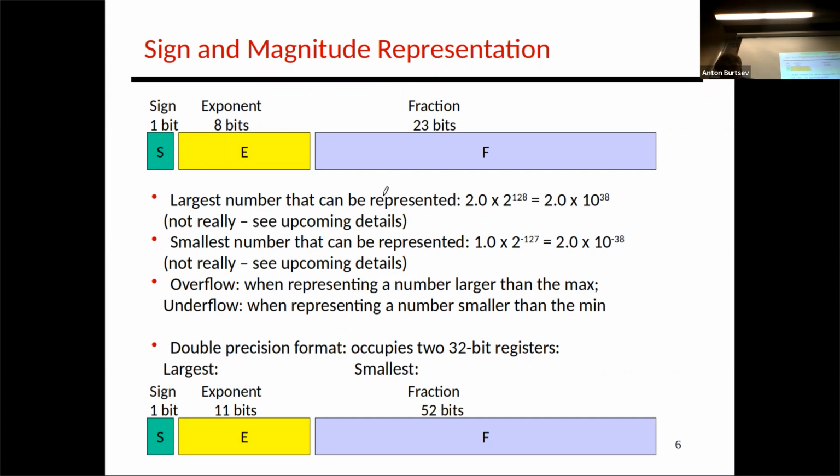Imagine our fraction is all ones, all 23 bits. You know how the numbers work. So it's 1/2 plus 1/4 plus 1/8 plus 1/16, plus 1/32. It's all the powers of 2 up to this max power.